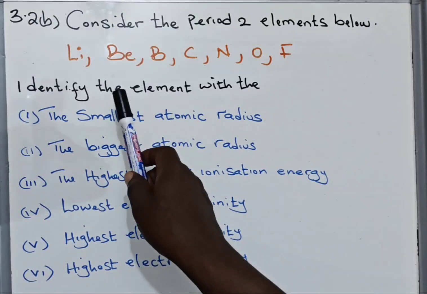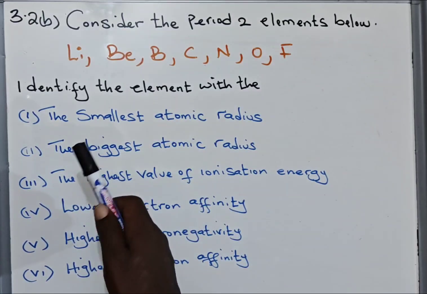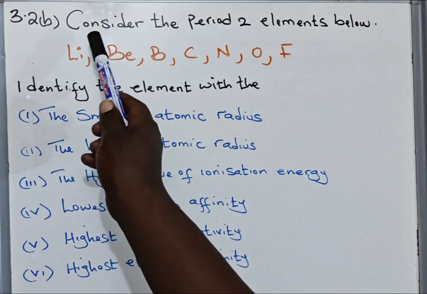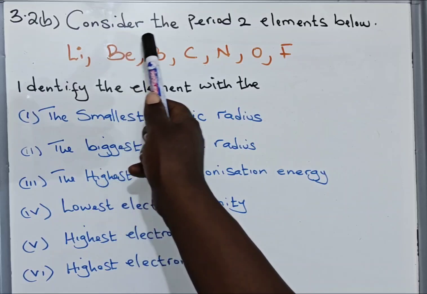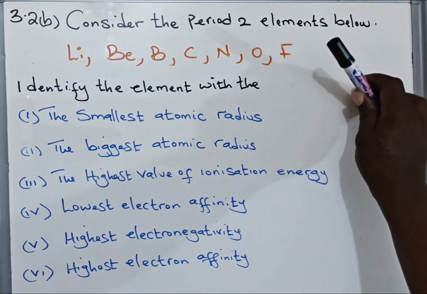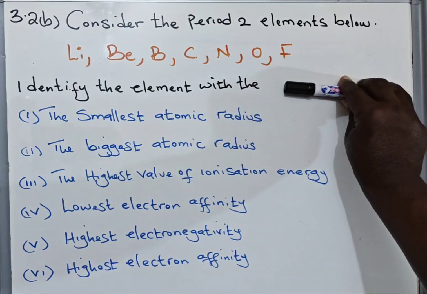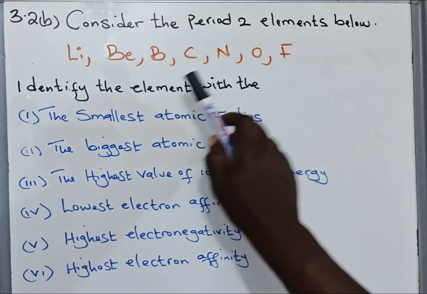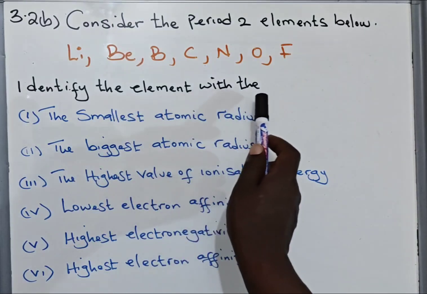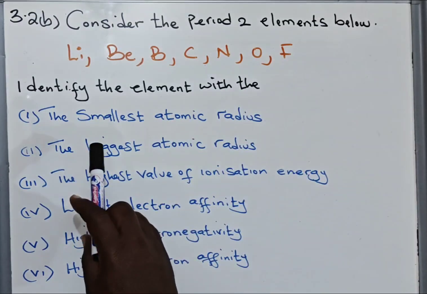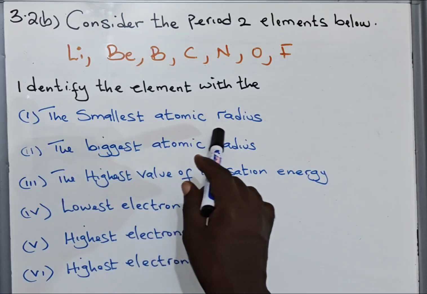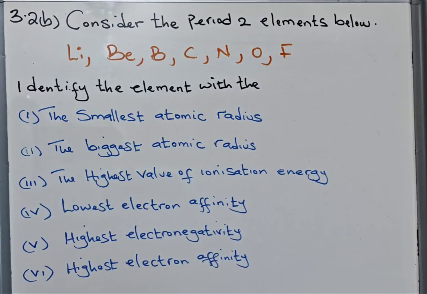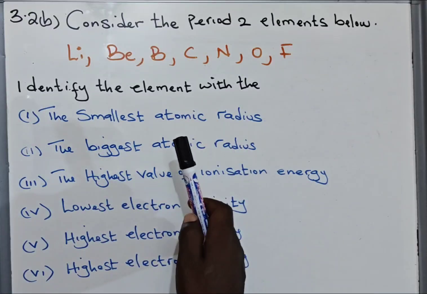Now we come to this question. It says, consider the period 2 elements below. These are the elements we have, and they say identify the element with the smallest atomic radius. Which one has the smallest atomic radius?